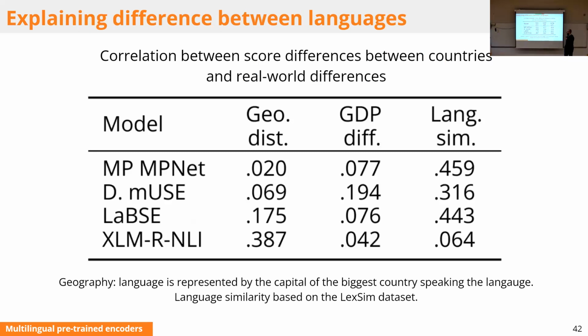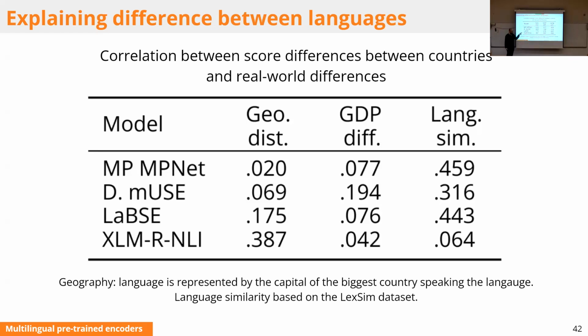And in the final experiments, I tried to explain what the differences between the countries come from, and in 3 or 4 models, the highest correlated feature was the language similarity based on the lexicon data set.